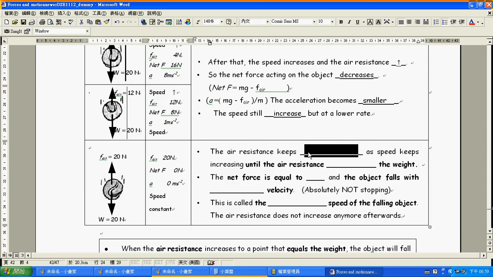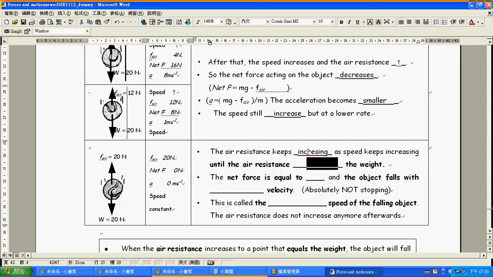Okay, so let's put down these points. The air resistance keeps on increasing in the last stage as the speed keeps increasing until what happens? The air resistance equals or balances the weight, equal and opposite to the weight. So the net force is equal to 0.